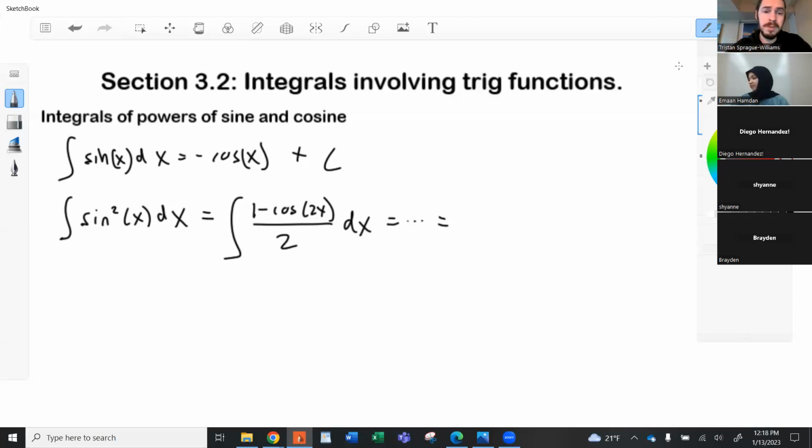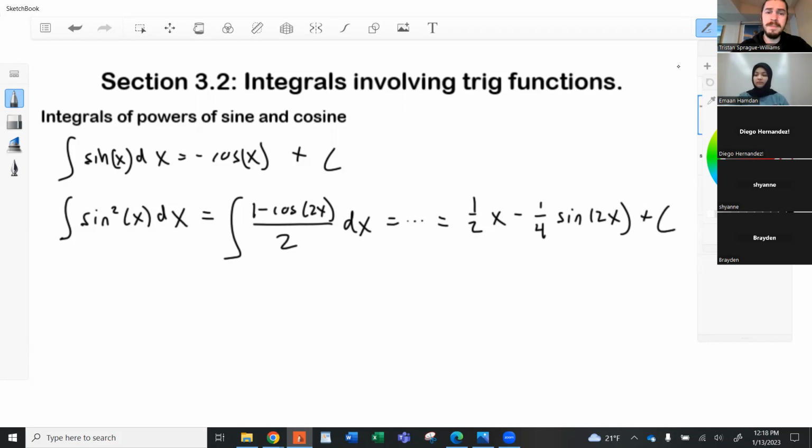The first term is just a half, so we get a 1/2 x in our antiderivative. And the second term, cosine of 2x, you can integrate with a u substitution. So what we end up with there is minus 1/4 sine of 2x.